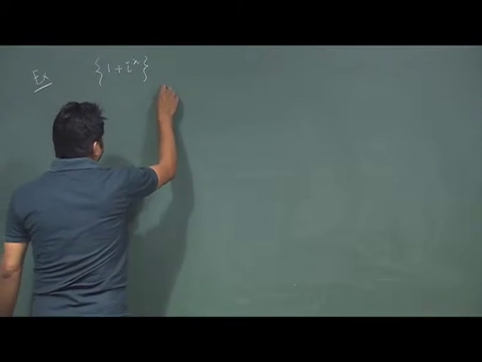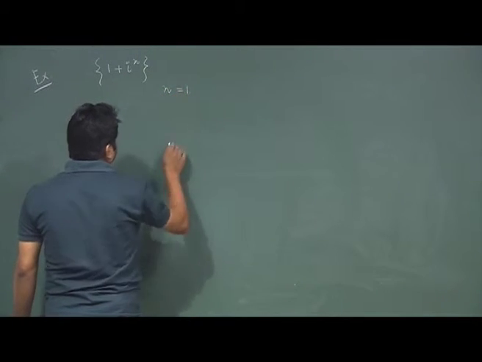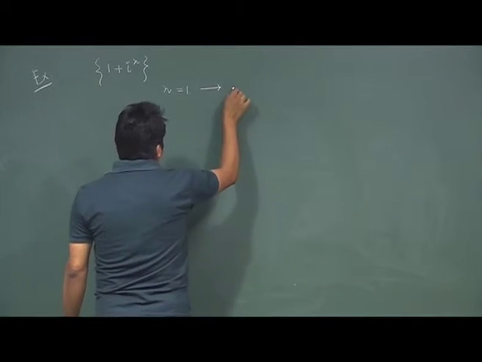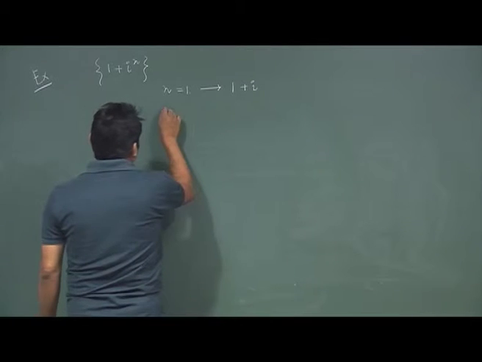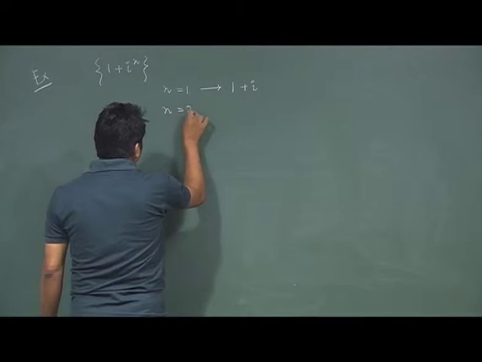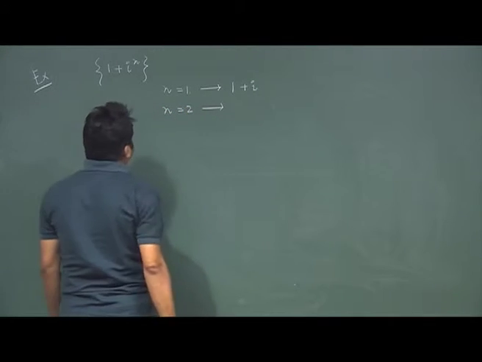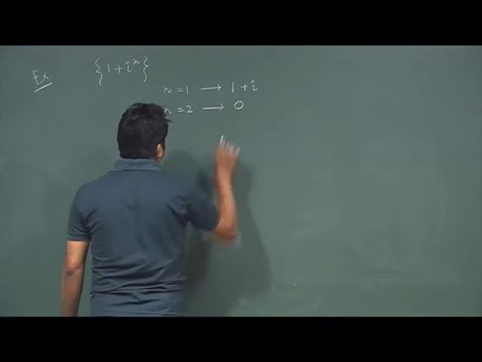So, when n is equal to 1, I will have my first number, this. When n is equal to 2, I have the second number.